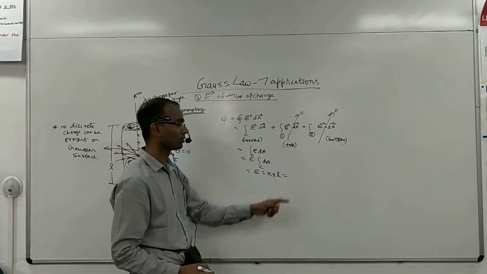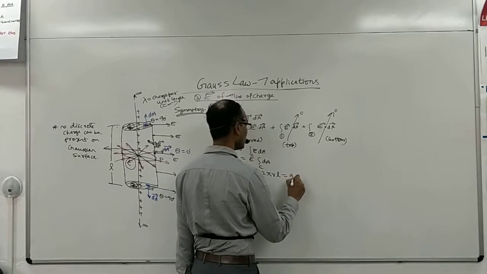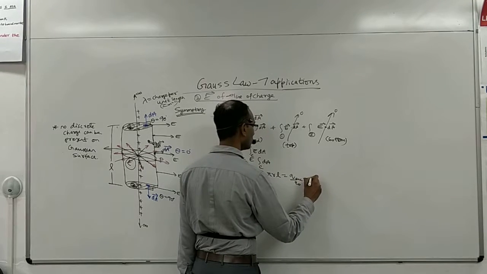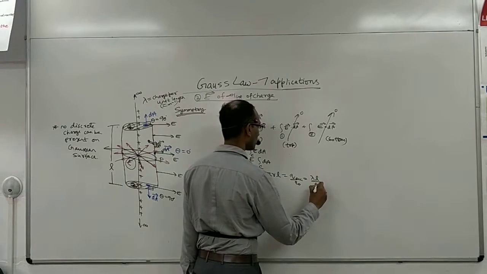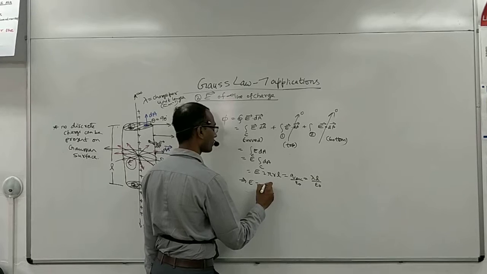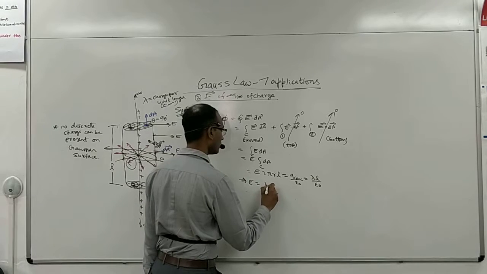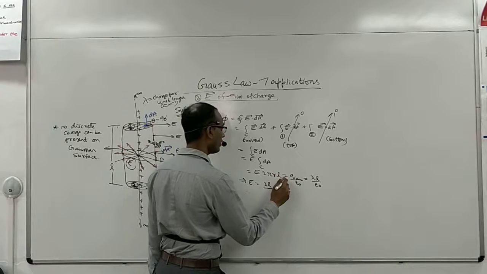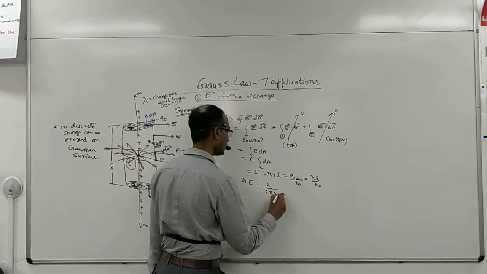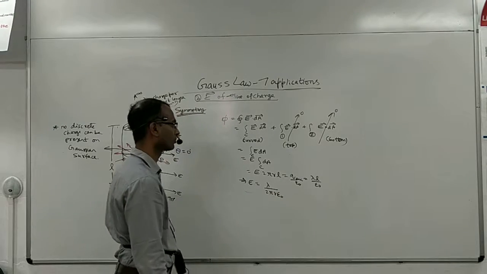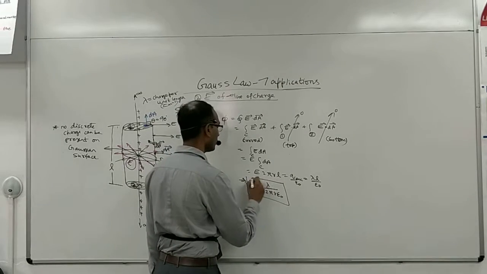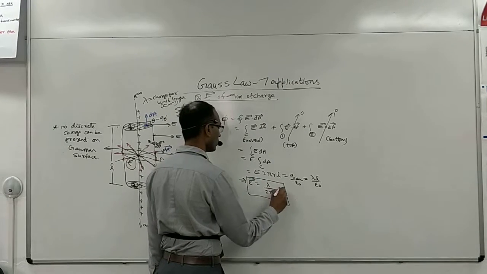So this is equal to lambda L by epsilon naught, which implies the electric field is lambda by 2 pi r epsilon naught, since L will cancel out.